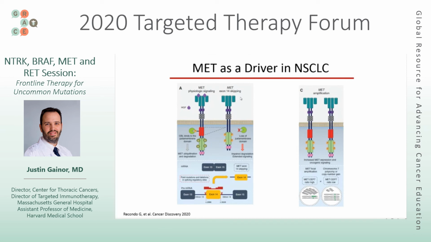MET exon 14 skipping is a bit more complicated than that. I told you at the beginning about the central dogma: DNA goes to RNA, goes to protein. Well, when you go from DNA to RNA, you actually lose some pieces, and those pieces are called introns. In that splicing process, there can be mutations that lead to skipping one part called exon 14.